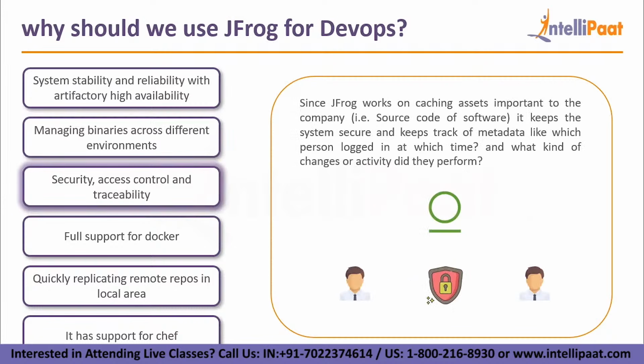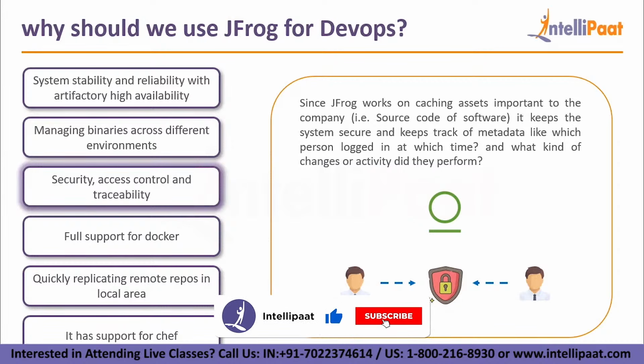The next quality is security, access control, and traceability. Since JFrog works on caching assets important to the company, that is the source code of the software, it keeps the system secure and keeps track of metadata, like which person logged in at which time and what kind of changes or activity they performed.